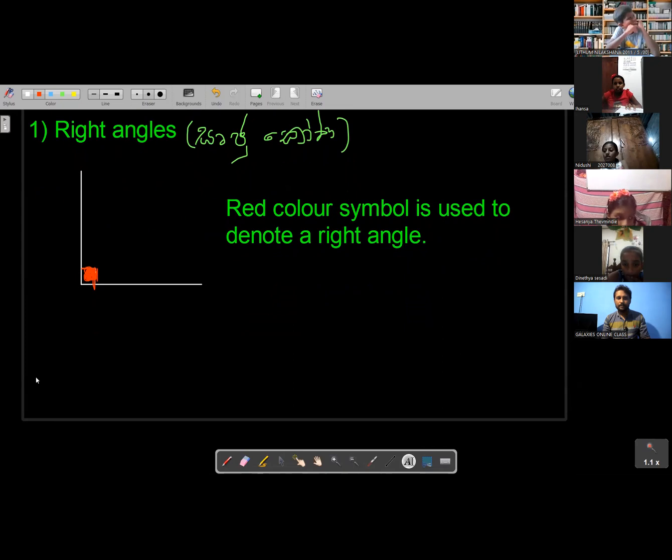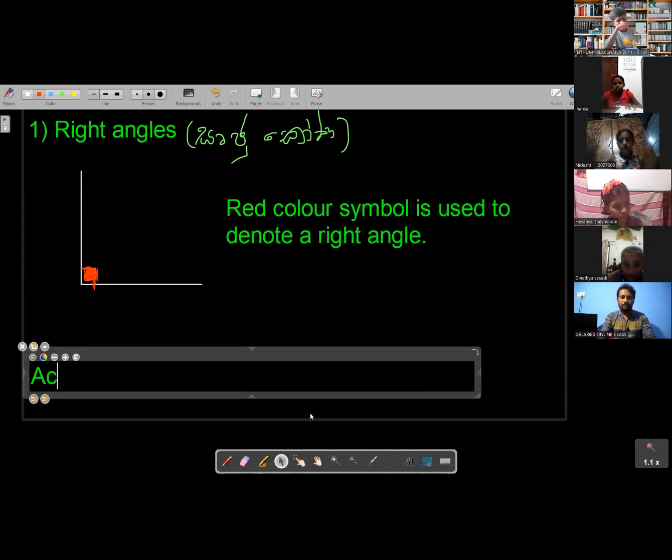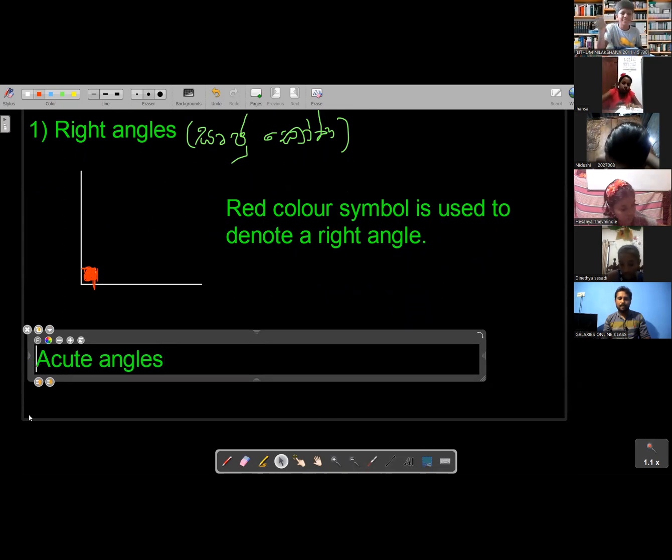That's the second type: acute angles. Number 2, acute angles. Also remember the spelling, okay?